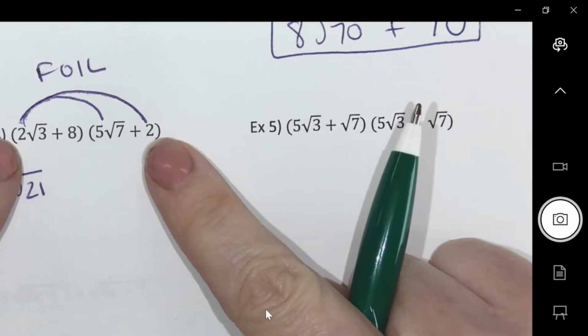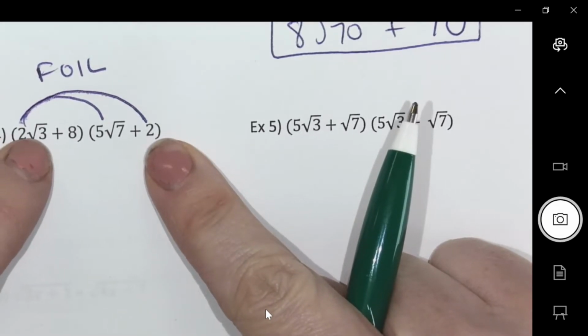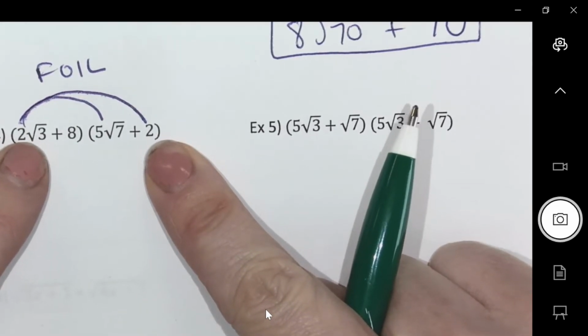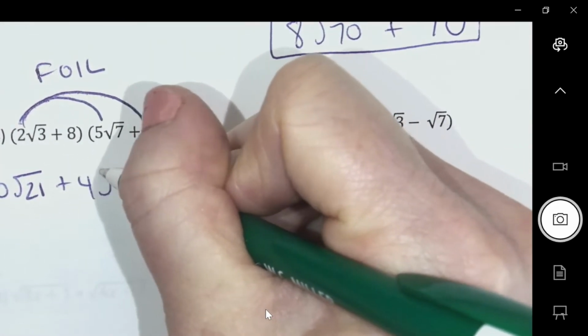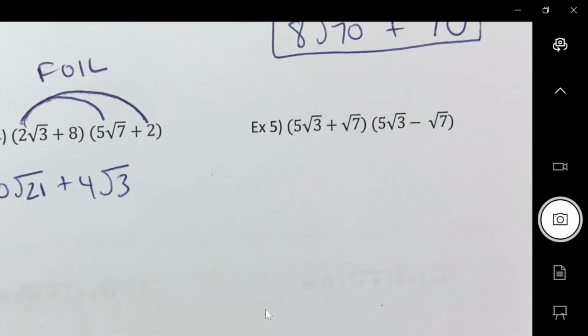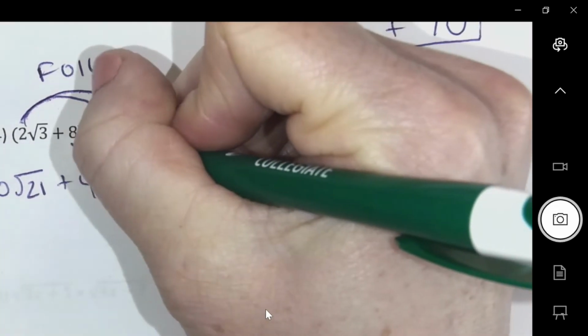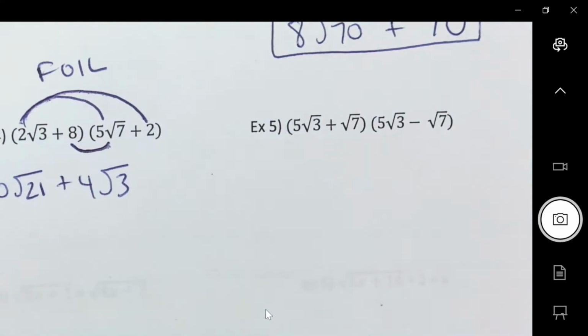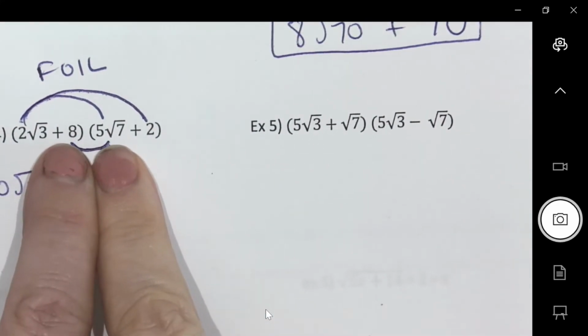Whole number 4 root 3. Okay, insides. So this is my insides. Whole number 40, radical 7.